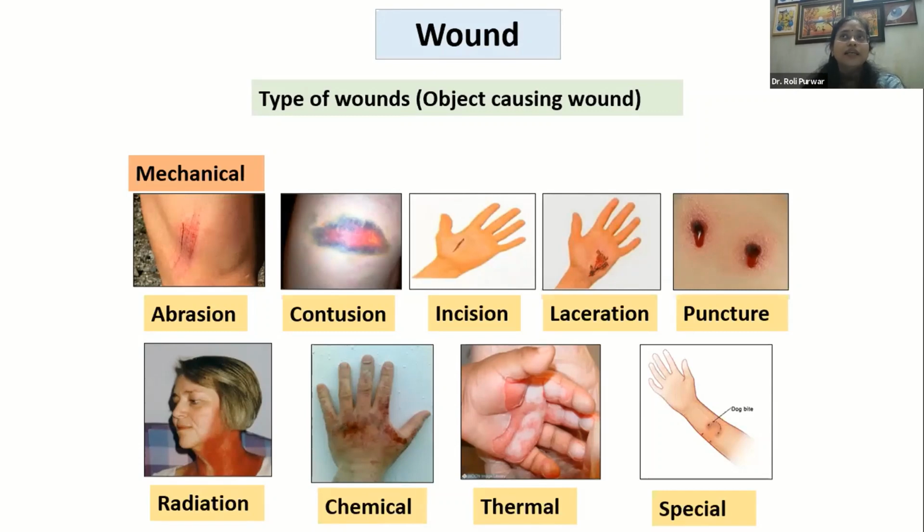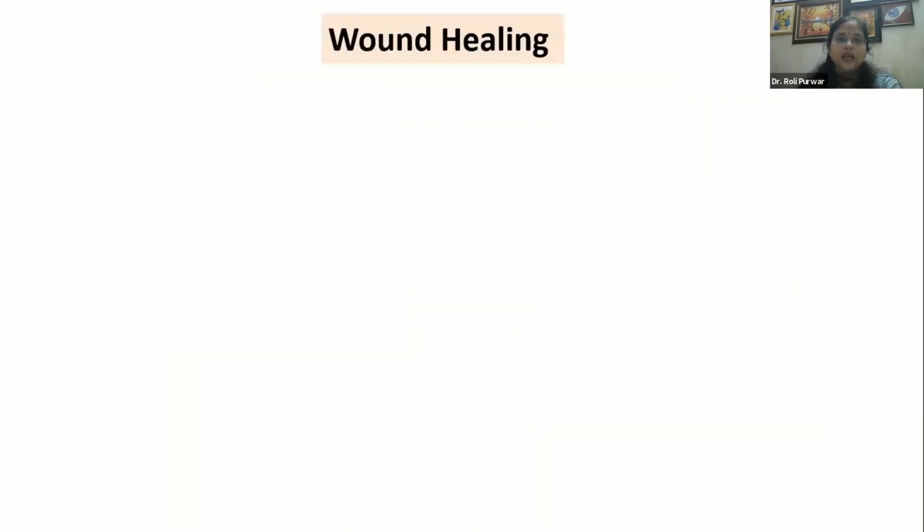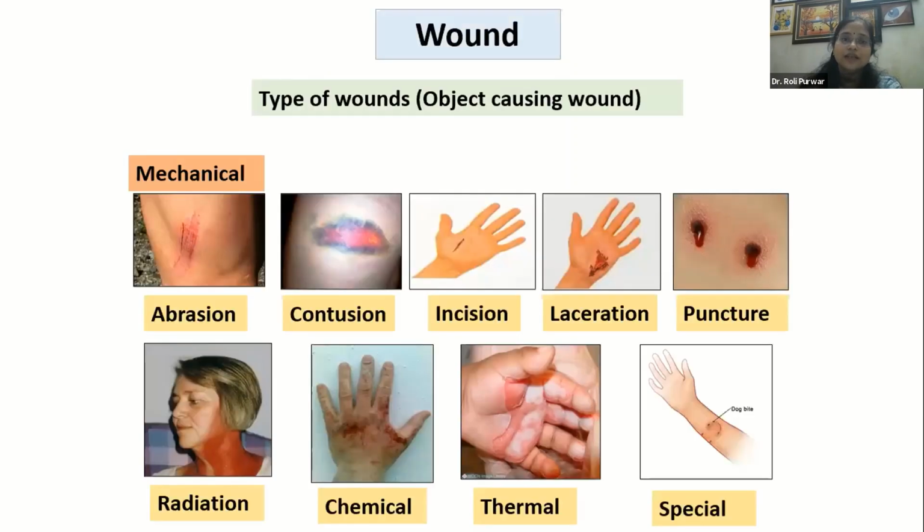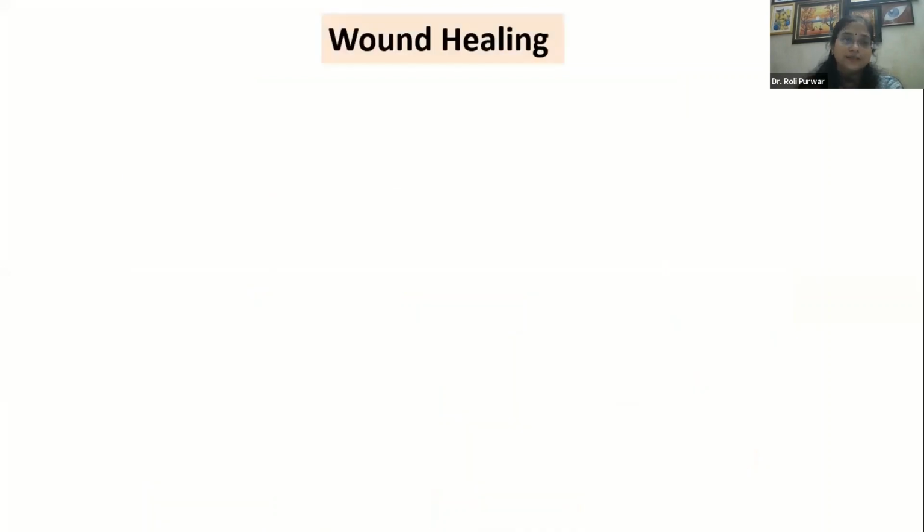So whatever I talk about next will be majorly on acute kinds of wounds. To understand this, we have first seen the types of wound. Let us understand how the wound healing process takes place.